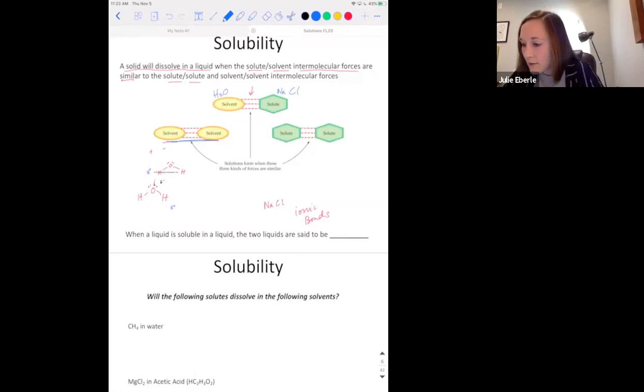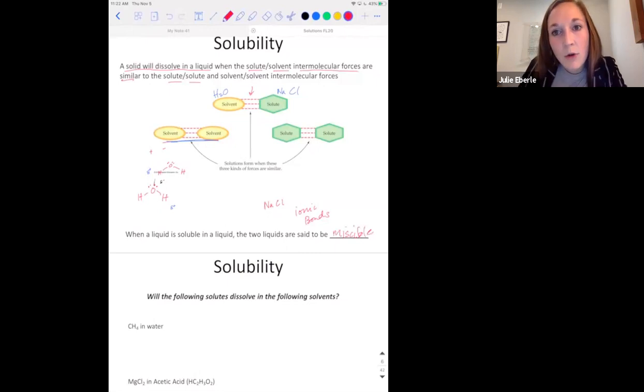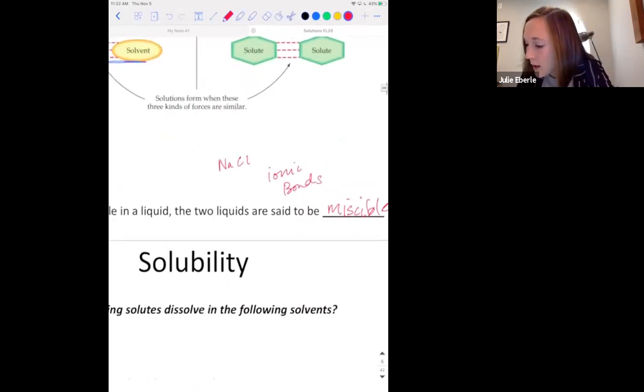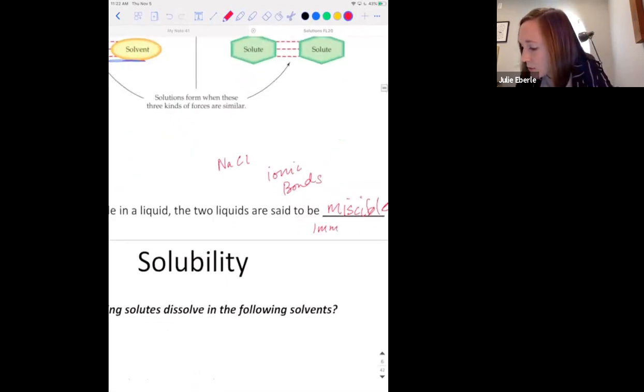When a liquid, this bottom one down here, is soluble in another liquid, because you can have solutions of liquids like gasoline, the two liquids are said to be miscible. If I ask you, oil and water, are they miscible or immiscible? The opposite of miscible is immiscible.